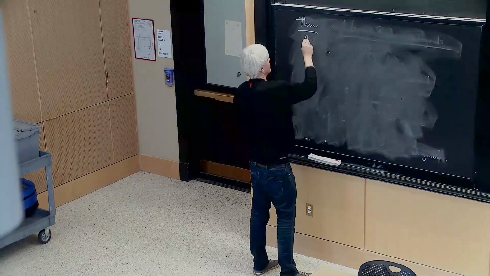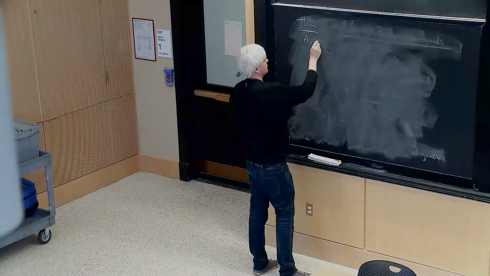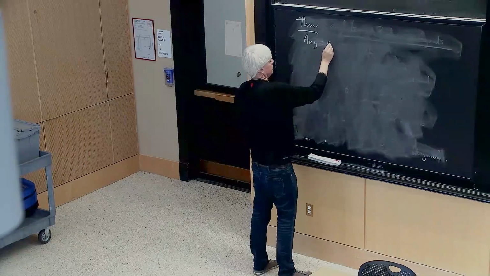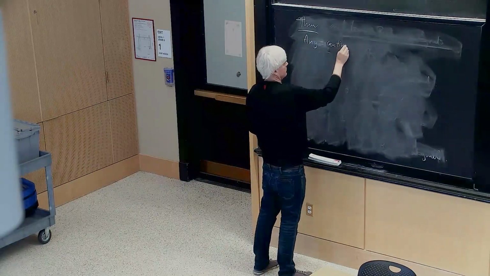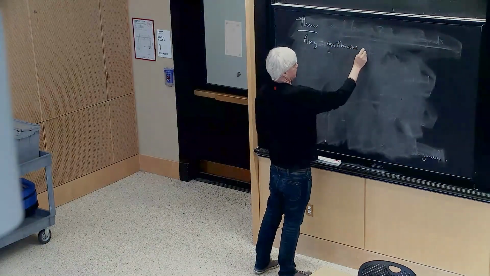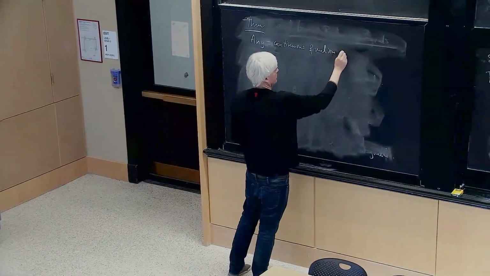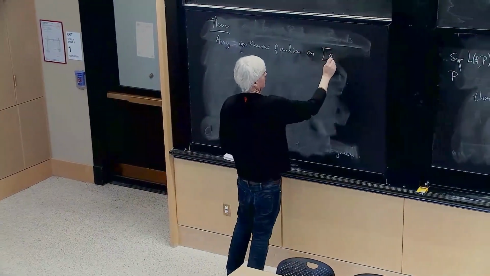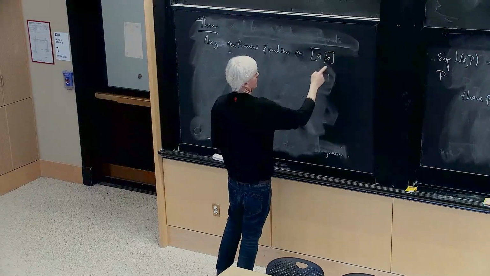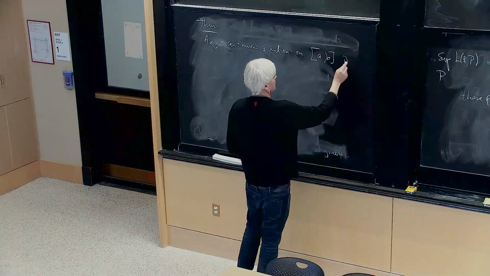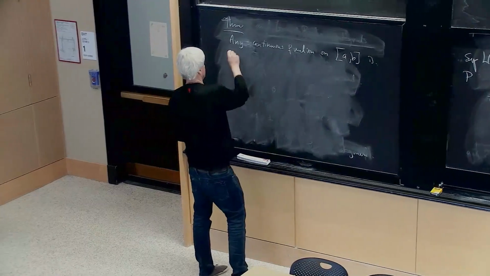So any continuous function on an interval like this, where a and b are real numbers, is Riemann integrable.